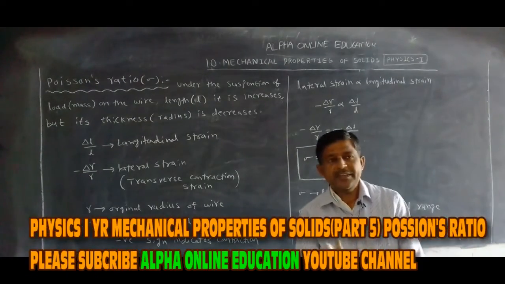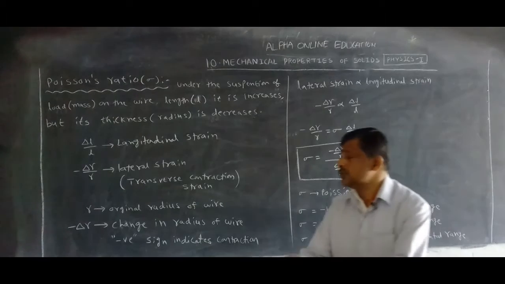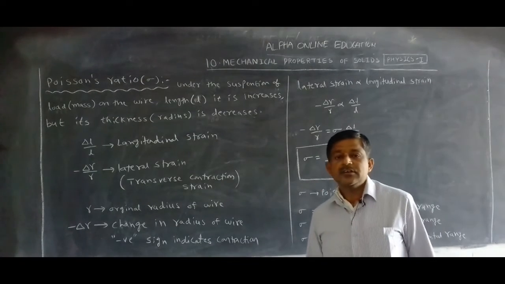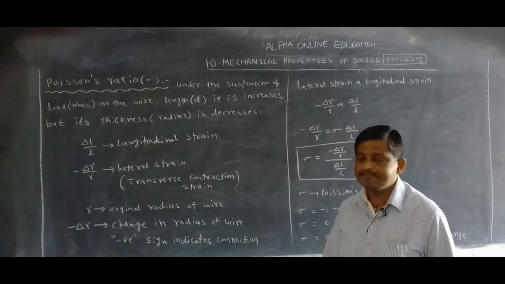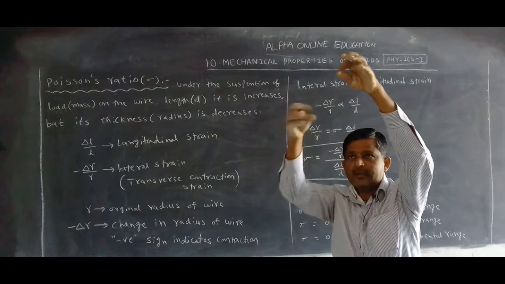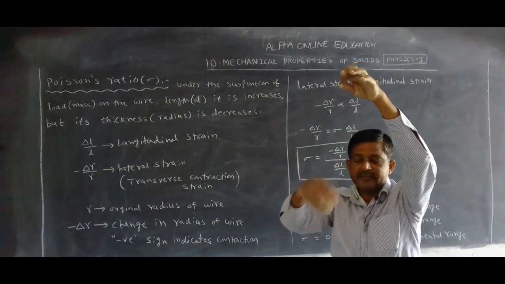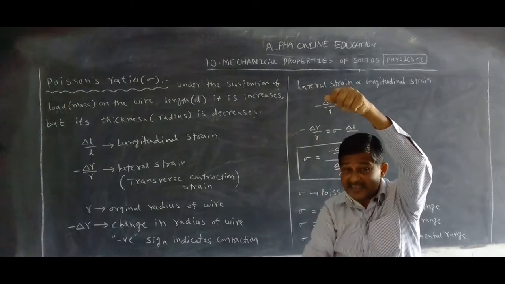Under this topic, we get one problem in this chapter. The topic is on behalf of the scientist named Poisson's ratio. Now let us take a wire. When the load is suspended, its length increases.